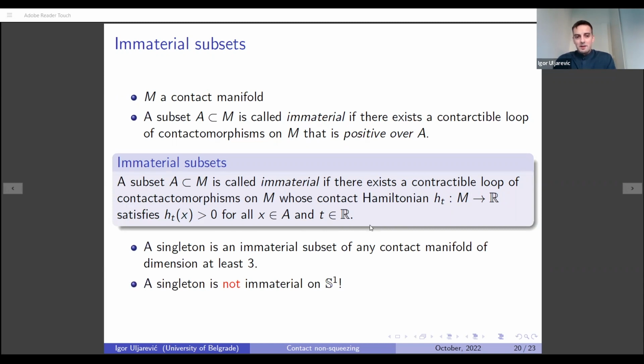However, in dimension 1, this is not true. So a point is not immaterial in S^1.